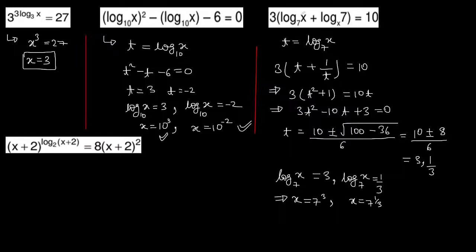If you look here, for the base verification, x should not be equal to 0, x should be bigger than 0, and x should not be equal to 1. So both cases are satisfied for the base checking. Now it's the argument, so x is bigger than 0, so we got both the arguments, isn't it?